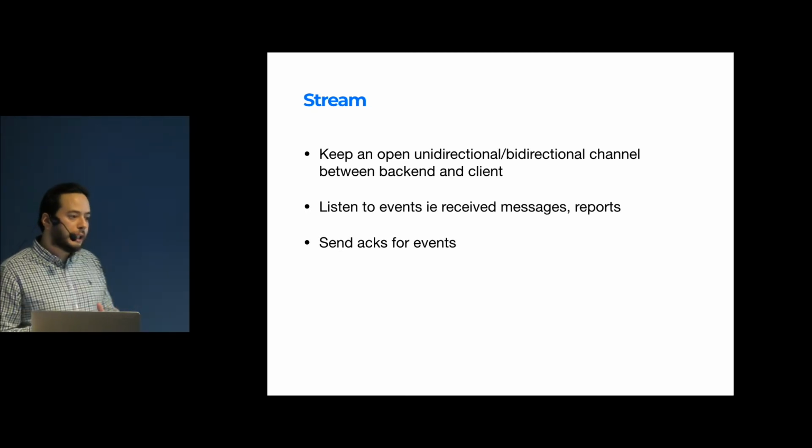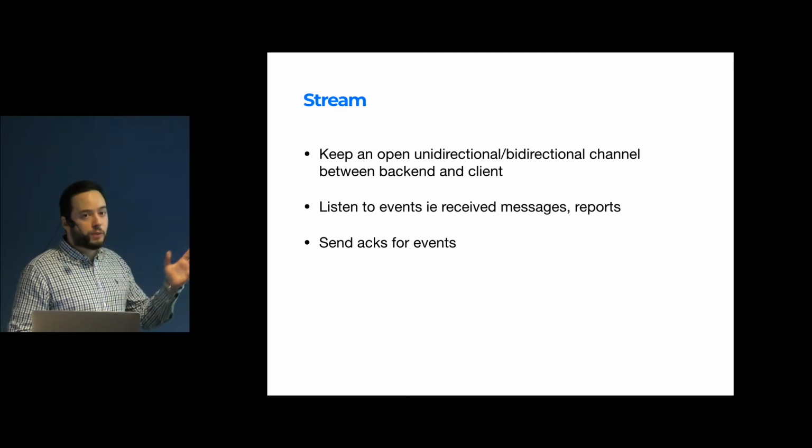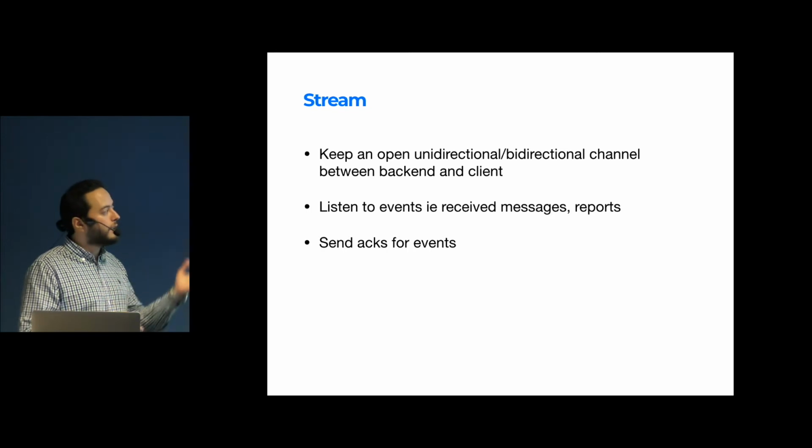Of course, the regular request and response method still applies and you can still use it. But this is much more efficient if you want to transmit chunks of data like images, or a series of events like in instant messaging, where we receive a series of messages or reports.